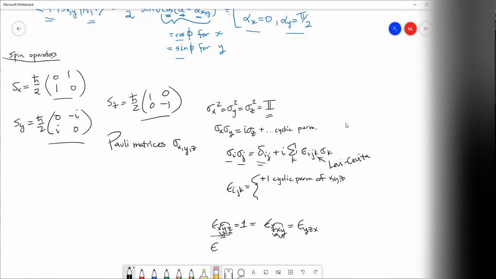Otherwise, if one of them is flipped, so they're not cyclic permutations, then this is -1, and then cyclic permutations of that.